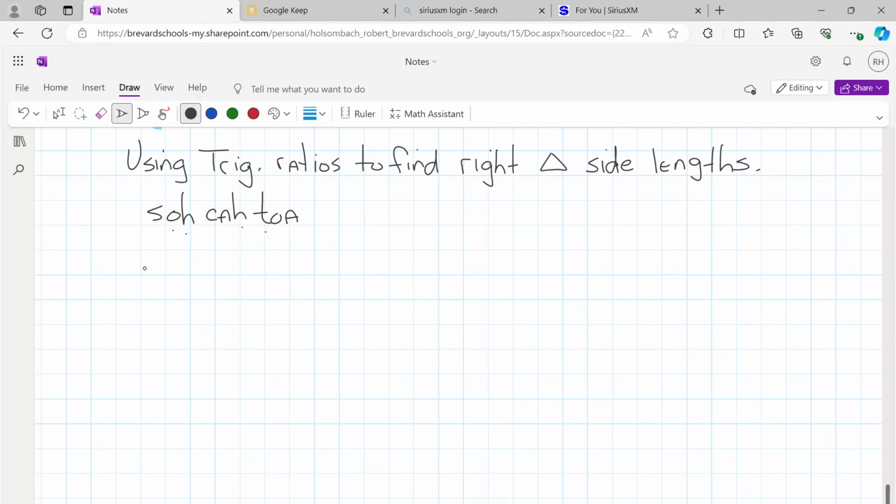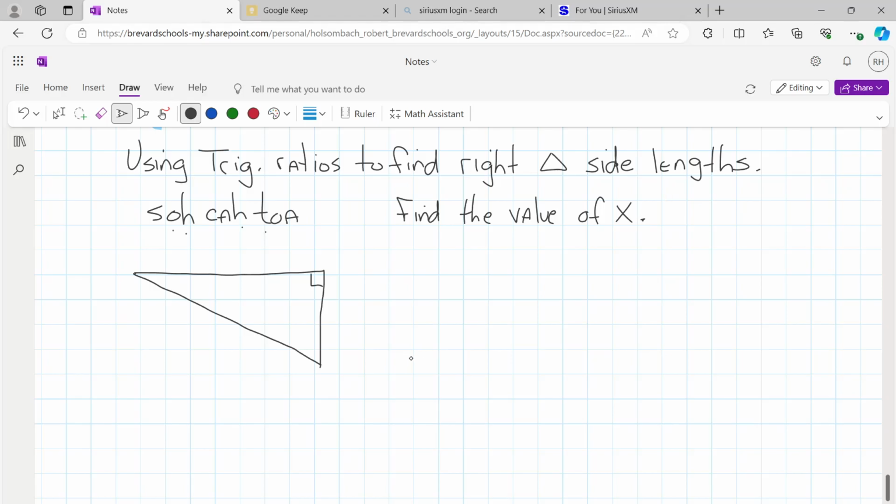So let's get a triangle on your paper. And we're going to be finding the value of x in all of the examples that we do today.